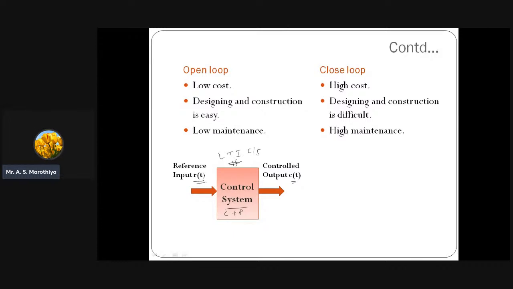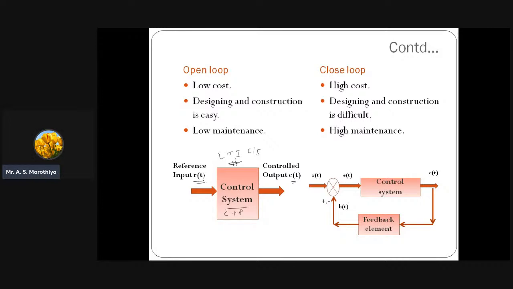I already told you that whenever we are dealing with control systems, as far as GATE is concerned, we have by default linear time invariant control systems, and this is the representation for closed loop control system. So we have controller and plant present inside the control system. If you open this control system, here we have a combination of controller followed by the plant, and to this we apply the main reference input R of t, which generates some controlled output signal C of t.